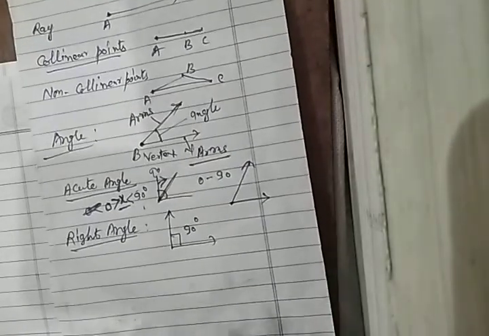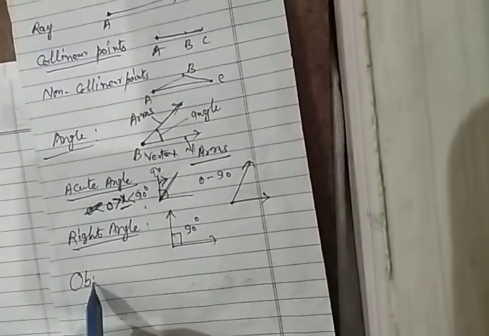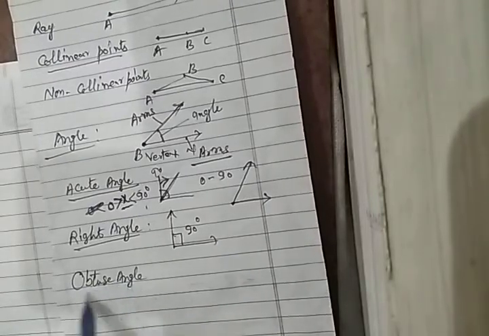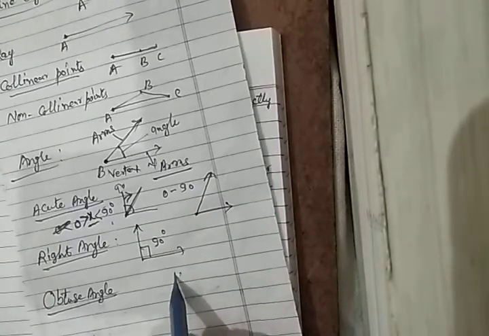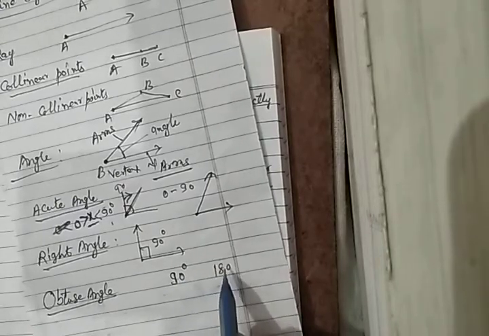Next one, obtuse angle. The angle which measures greater than 90 degree and less than 180 degree.